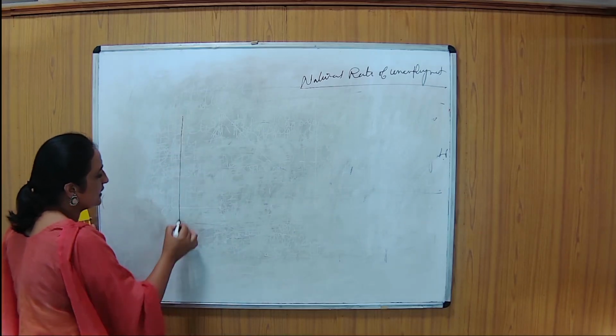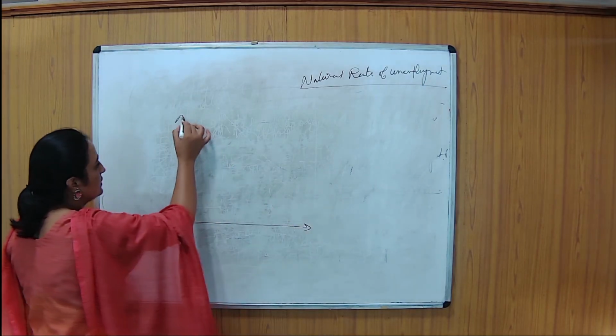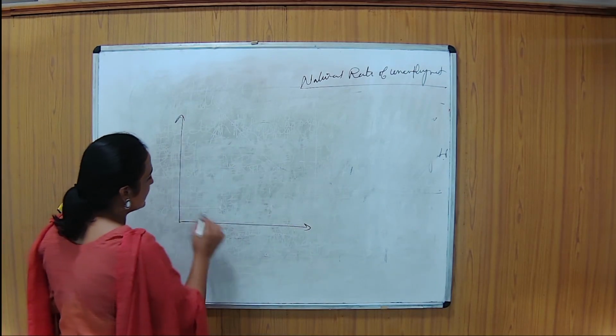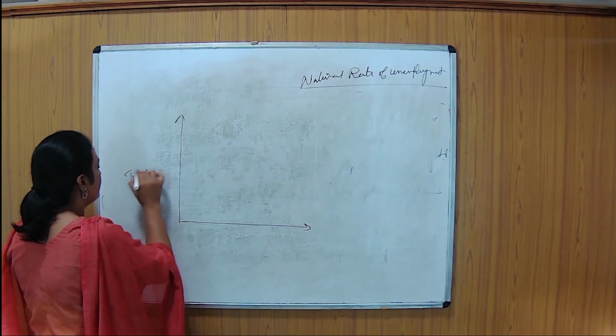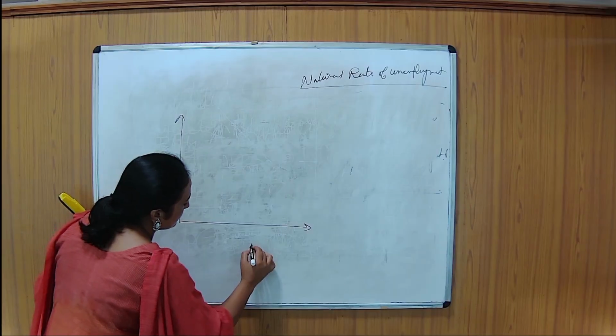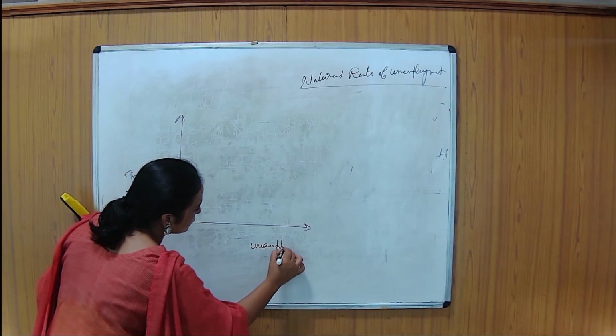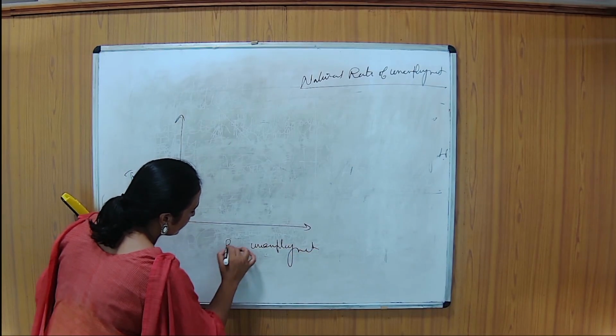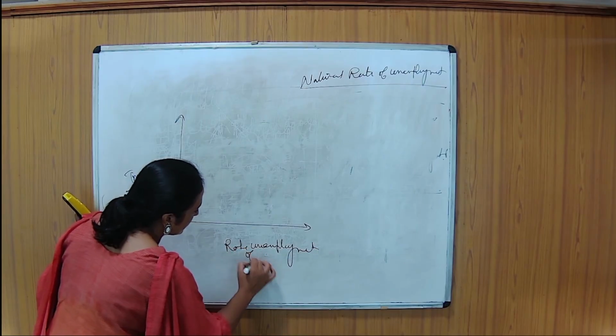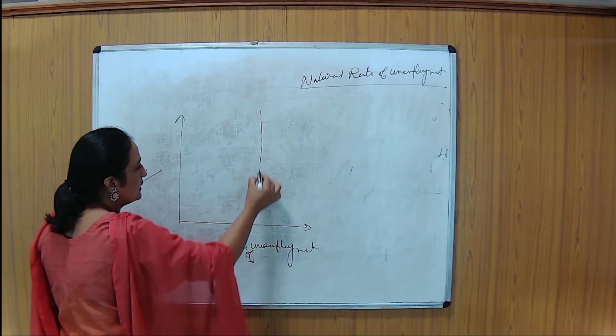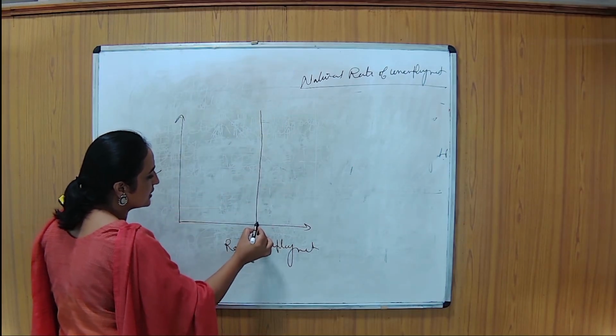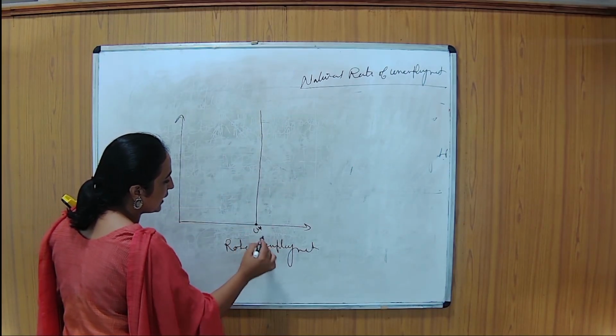So according to Phillips, in the long run, this is the x-axis and y-axis. This is time, and this is the rate of unemployment. It is vertical, and this is a point here. It is denoted by U star.